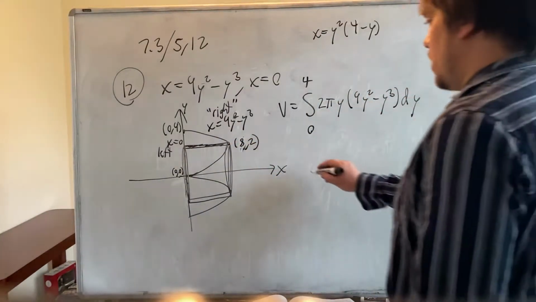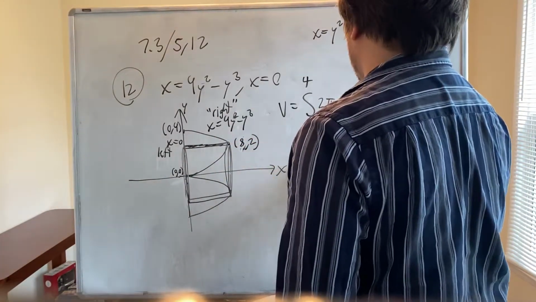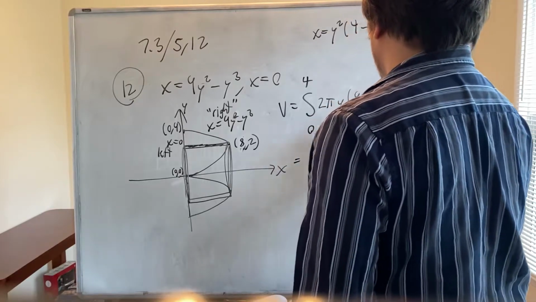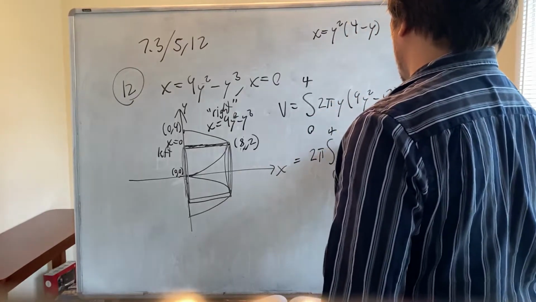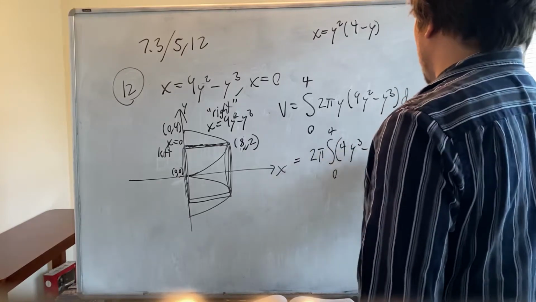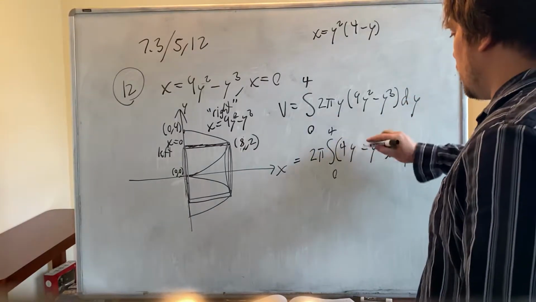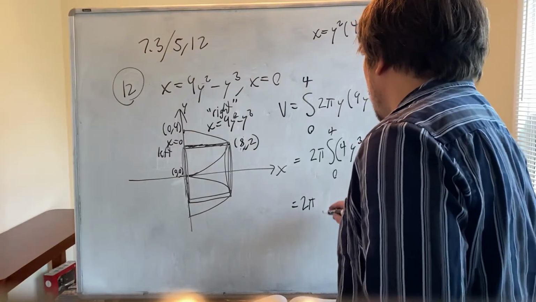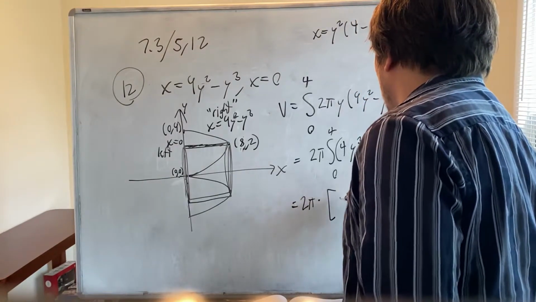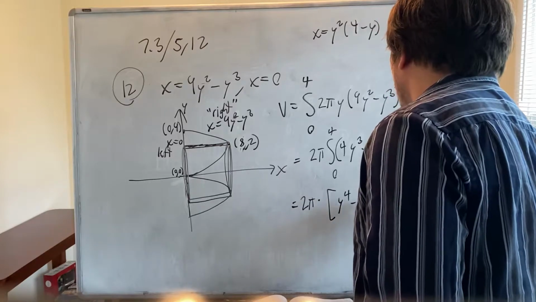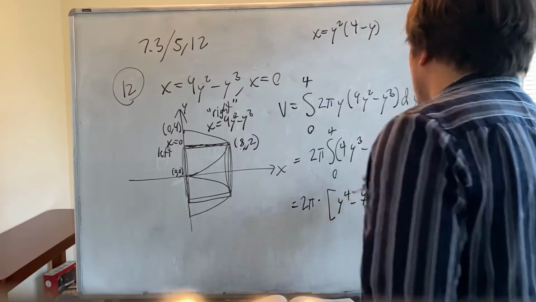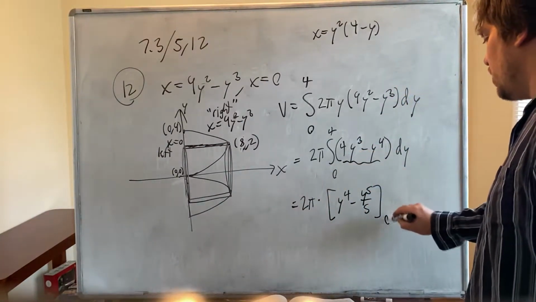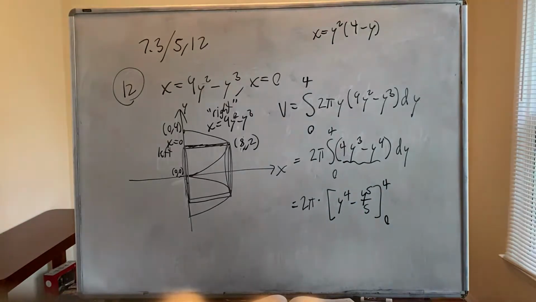And so now this is equal to 2 pi times the integral from 0 to 4 of y times that, which is 4y cubed minus y to the 4th dy. And this is equal to 2 pi times y to the 4th minus y to the 5th over 5. That's the antiderivative of the integrand function. Evaluate from 0 to 4.